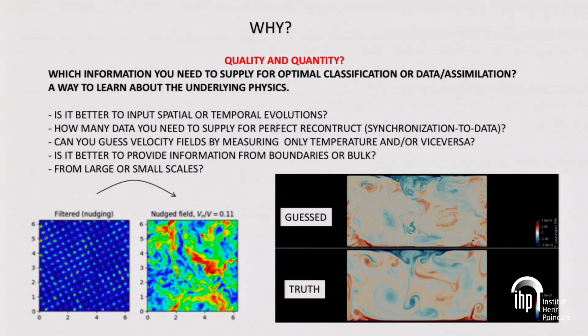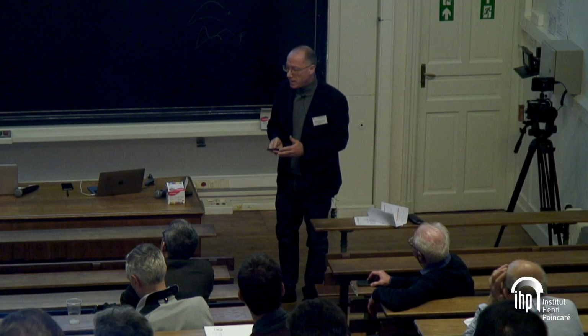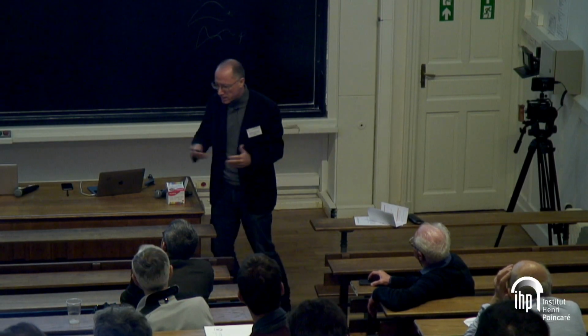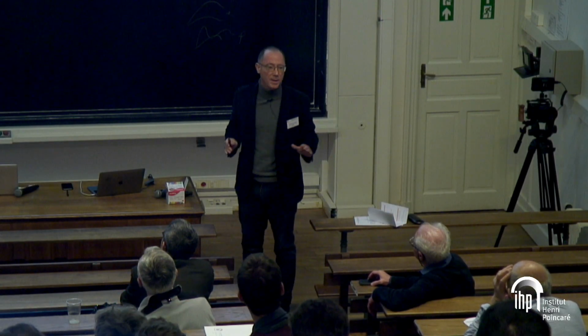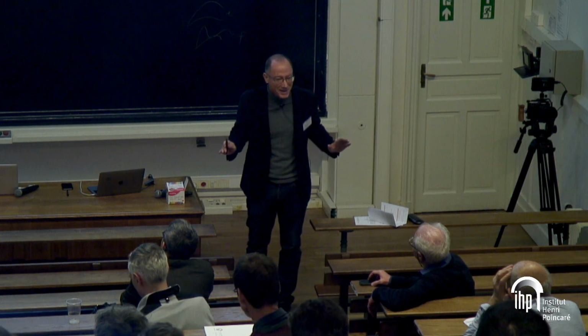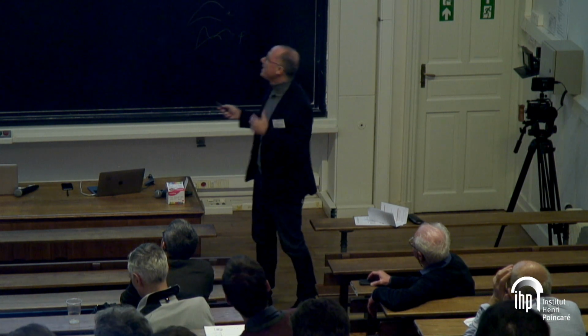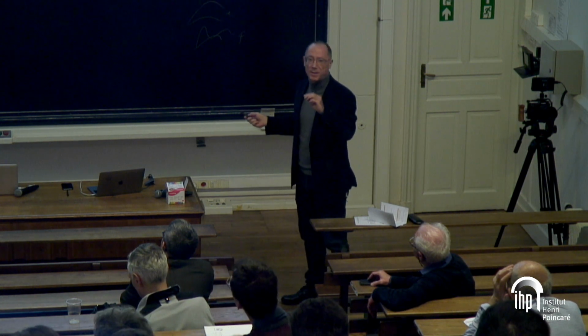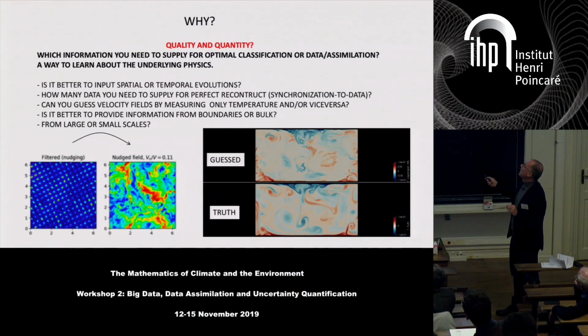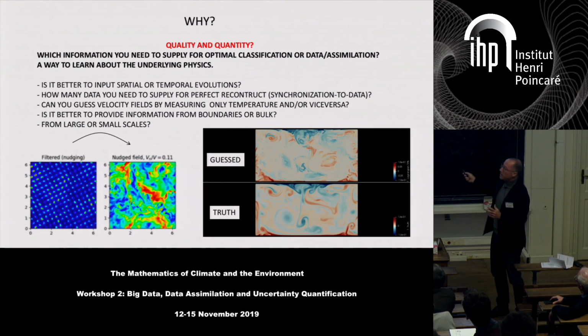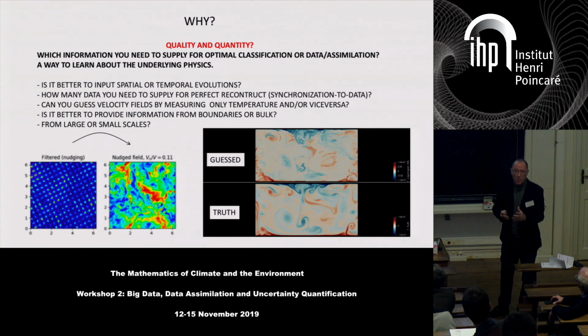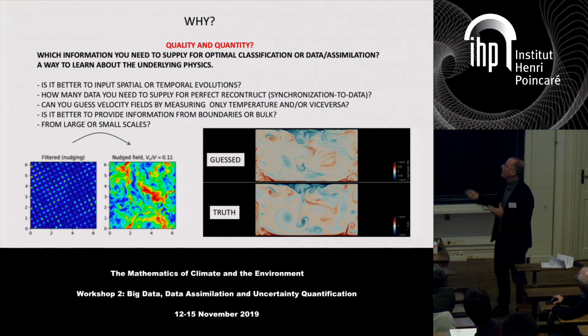And so why do we ask this question? I'm not working in a weather center. Nobody's paying me to reconstruct the flow variables. So my motivations are mainly on the basic physics. The question is, I would like to understand the quantity: how much information I have to supply to reconstruct the flow, and the quality.